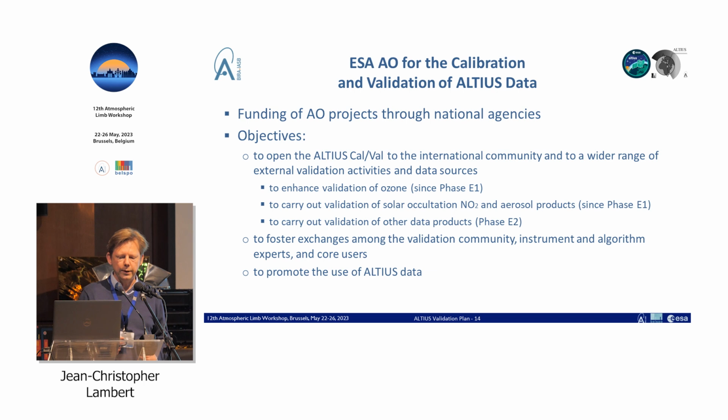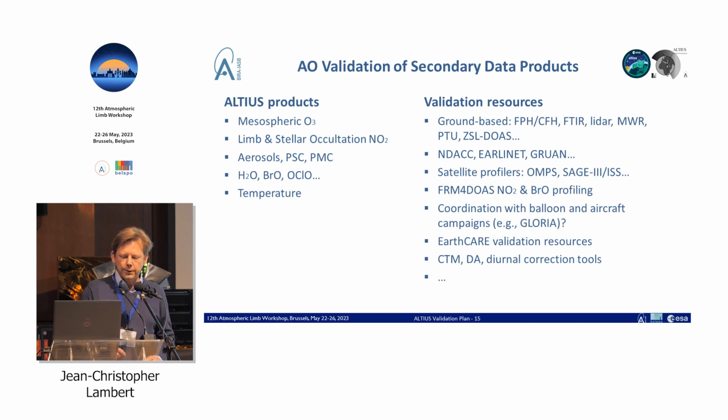Solar occultation NO2 and aerosol products also starting during phase 1, and then carry out the validation of other data products during phase 2. The secondary products will be validated mainly through the AO projects. Of course, foster exchanges among the validation community, instrument and algorithm experts and core users, and promote early use of ALTIUS data. The secondary products, you have already seen the detailed list presented earlier.